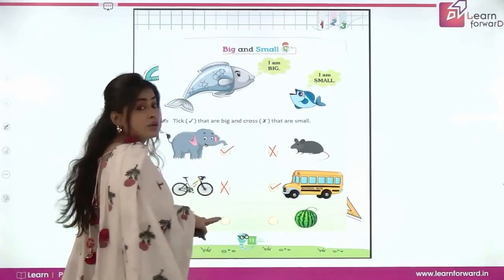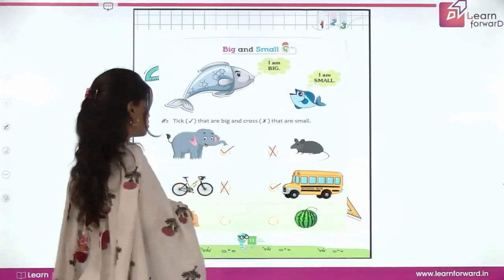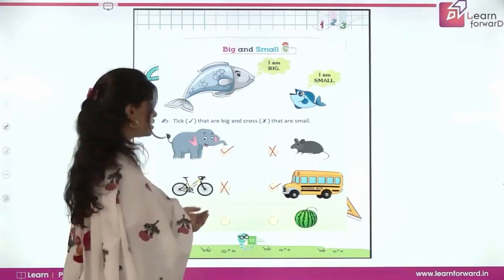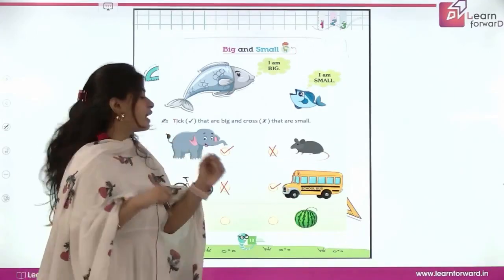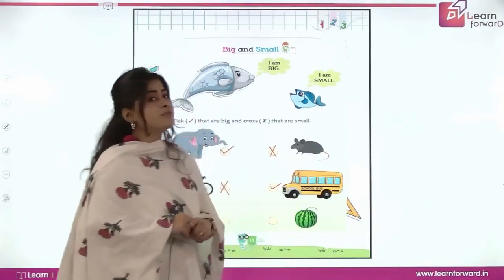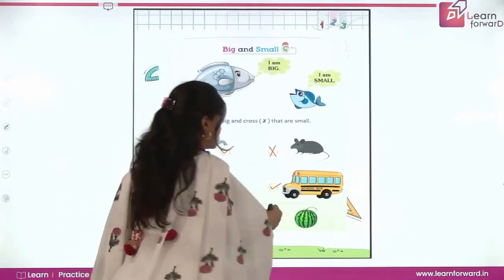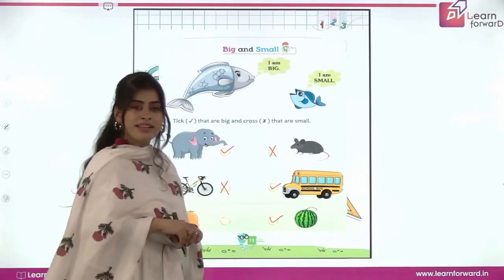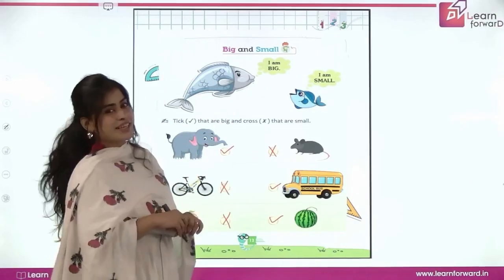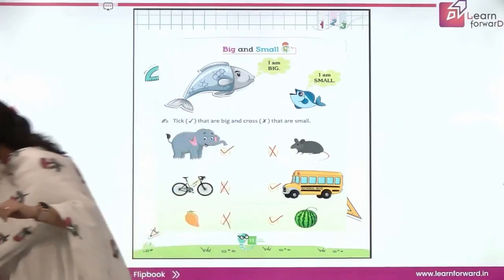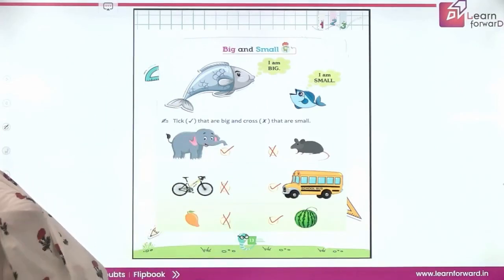But mango is small. Mango is yellow in color and mango is smaller than watermelon. So we will put a tick mark on watermelon and a cross on mango. Okay. So that was the concept of big and small.